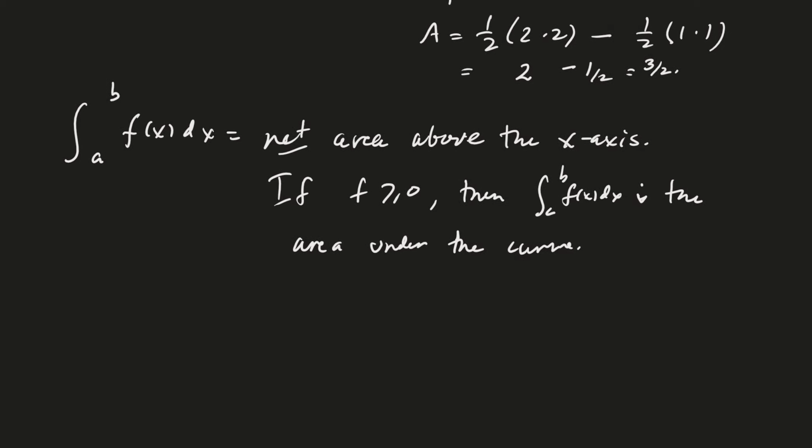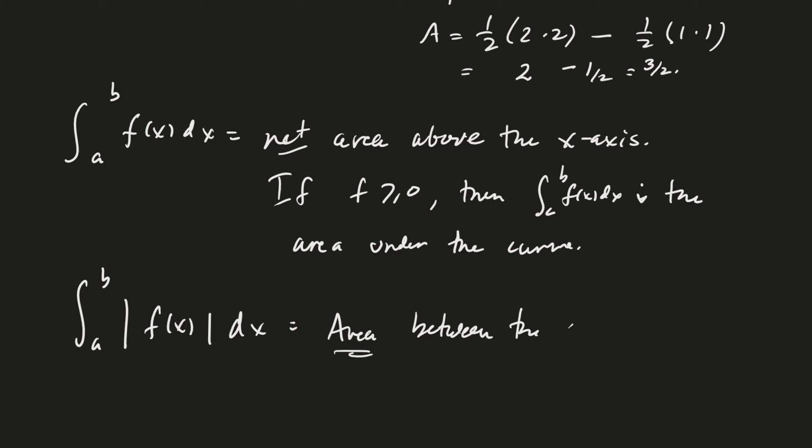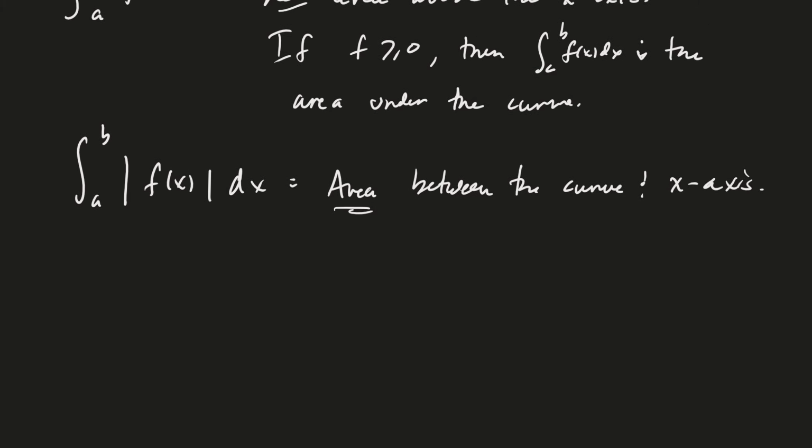So if you're not sure, you could compute the integral of the absolute value of f of x, and that would be the actual area between the curve and the x-axis, right? Because just as a quick example, if the original function was this function, then what does the absolute value of the function look like?